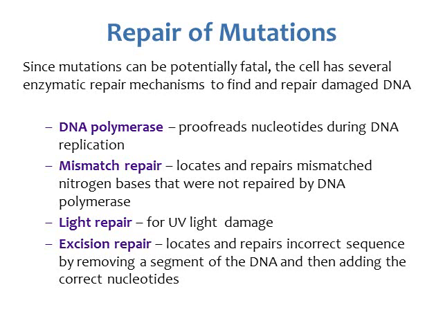In this instance, these proteins can actually remove larger segments of DNA. So they remove a segment of the DNA, and then they add in the correct nucleotides. So DNA polymerase and the mismatch repair usually replace just one nucleotide, maybe two. The excision repair, the fourth repair method, can replace a larger sequence of DNA.